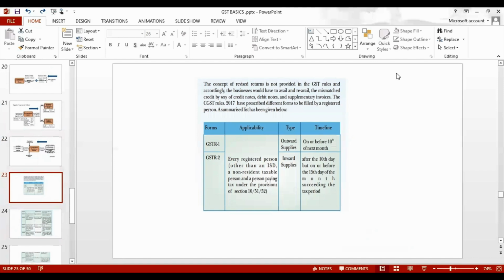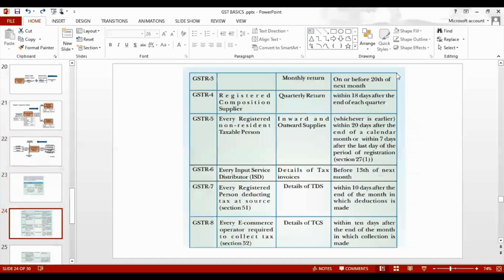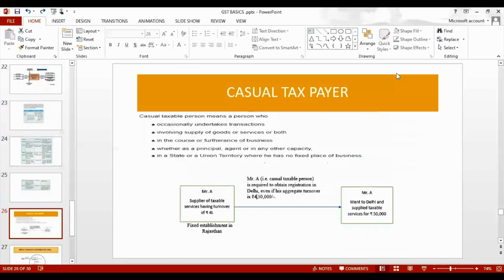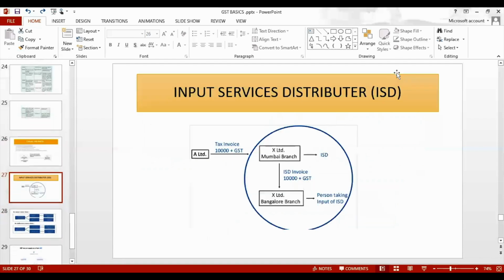And GSTR 1 to GSTR 10. What is a casual taxpayer? What is the meaning of casual taxpayer? And I am giving the best example here. Next, input service distributor. Between branches, whether transactions and invoice changes will be done or not, I am explaining here.